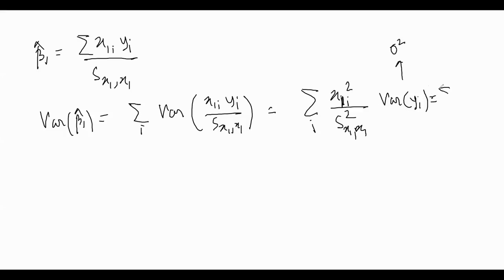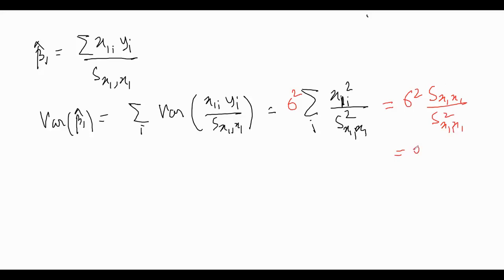It's equal to summation of x1i square. So let's wrap it up. What we can get from here is sigma square times S of x1 x1 by S of x1 x1 whole square.